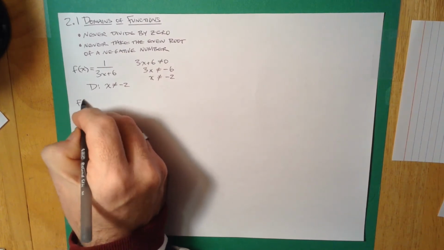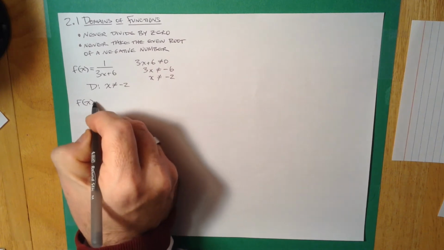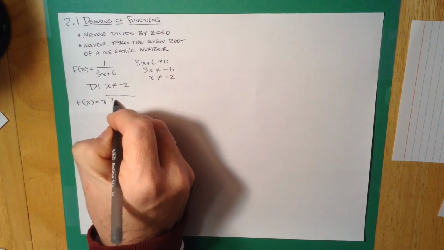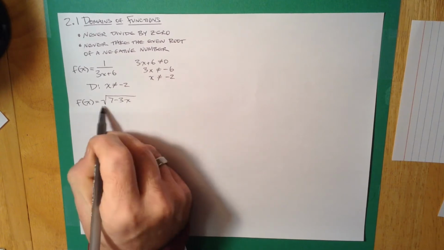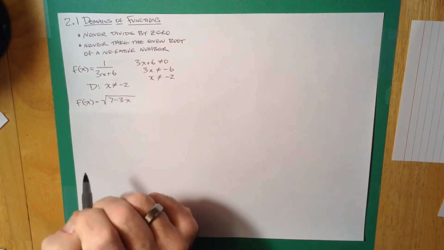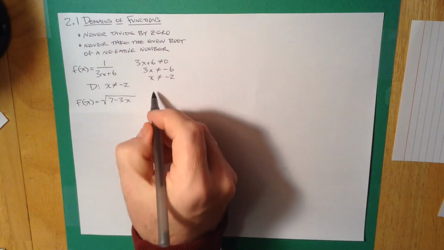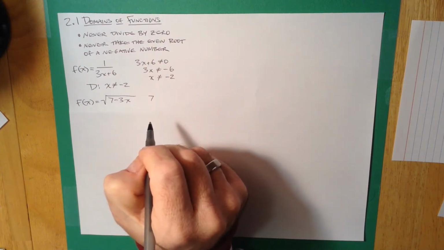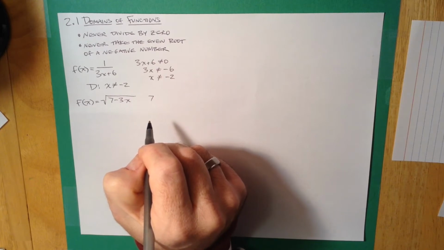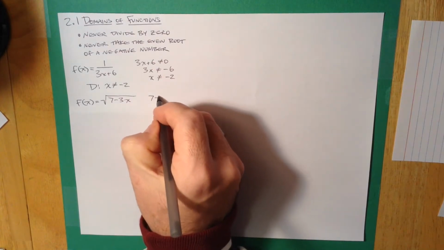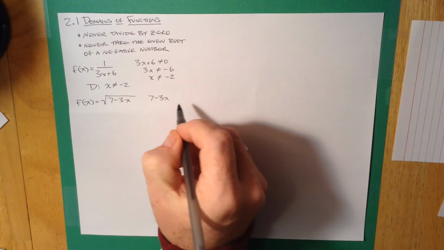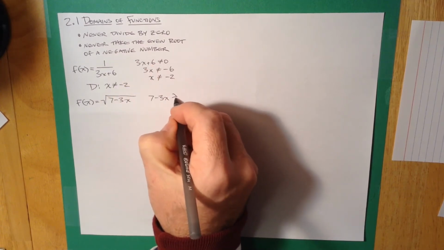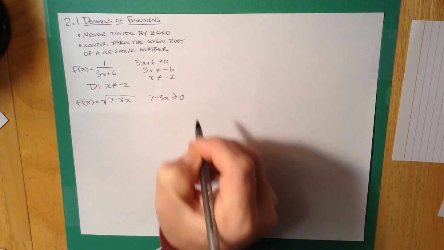Let's look at an example that involves an even root. Let's suppose that we have the square root of 7 minus 3x. That's an even root, so we've got to make sure that what's underneath the radical is always greater than or equal to 0. So we'll say 7 minus 3x can't be negative, so it's got to be greater than or equal to 0.